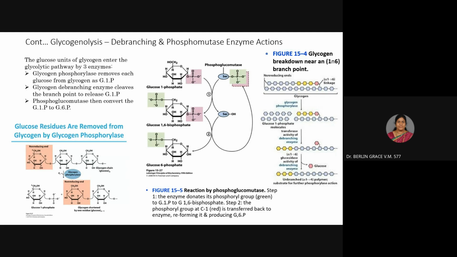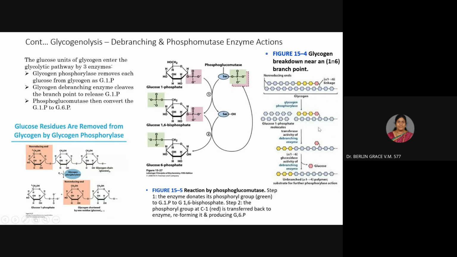Glycogen, as you know, has a linear chain as well as a branched chain. The linear chain is connected by alpha 1 to 4 linkage, and the branched chain is linked by alpha 1 to 6 linkage. Now if you want to utilize this glycogen, the glucose needs to be removed one by one. At the same time, at the branch point, the branch linkage also should be broken down.